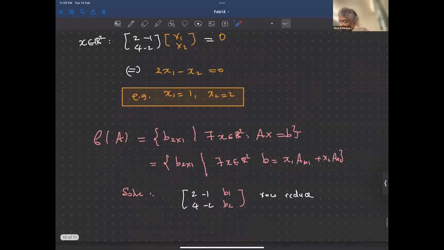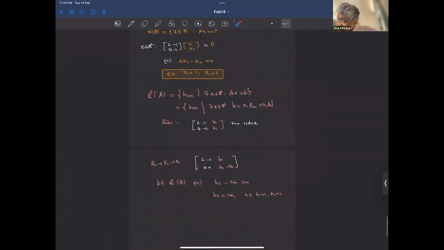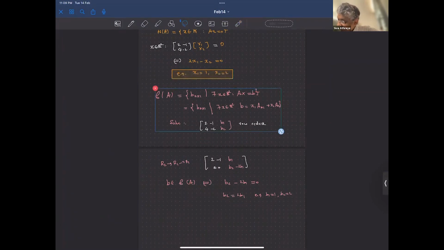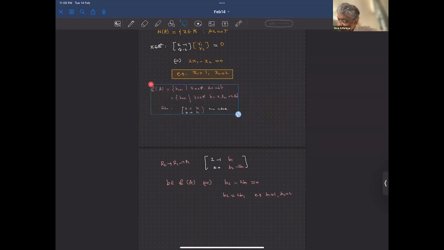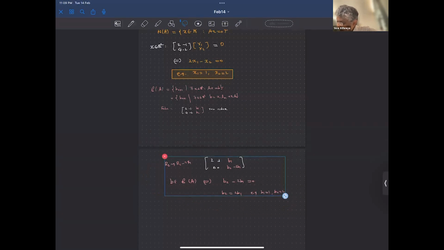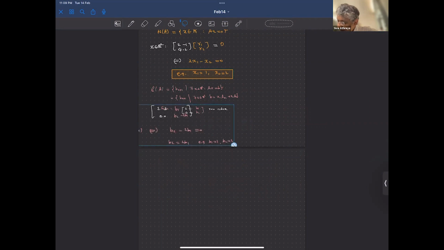Very nice. Let me make it a little smaller so everything is on one page. So we have here, we'll make it a little smaller also.